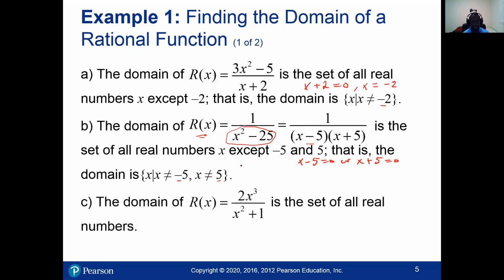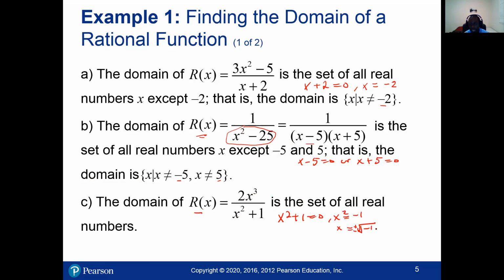Okay, and here is a third example. We have r of x is equal to 2x cubed divided by x squared plus 1. Now, as you can see, if you set x squared plus 1 to 0, you have x squared is equal to negative 1, and x is equal to plus or minus the square root of negative 1.